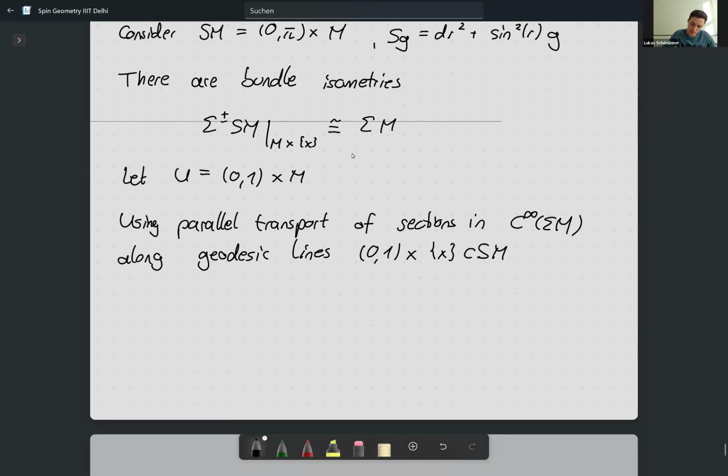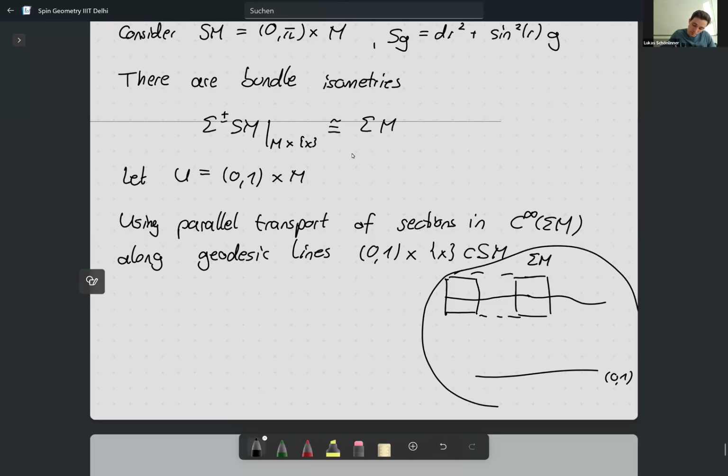So kind of, let's say here we have this interval 0, 1, and somehow here we have sigma M, and this is kind of extended to, I need more space.